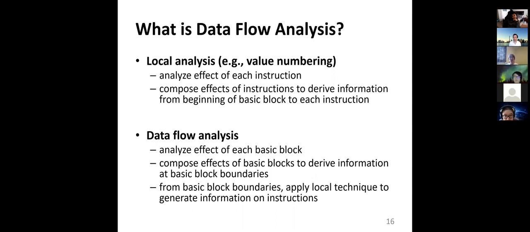What data flow tries to achieve is to analyze the effect of each basic block individually and then compose the effects of basic blocks to derive common information at the basic block boundaries. From the boundaries, we can again apply local analysis like value numbering to generate information on instructions. This is a divide and conquer approach.